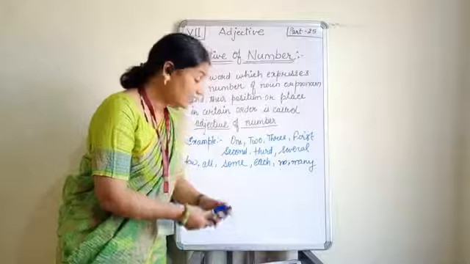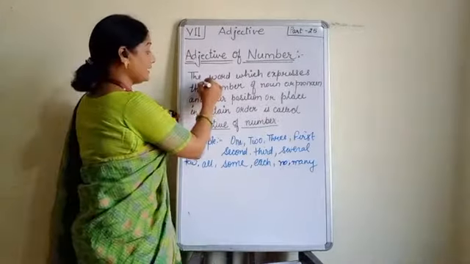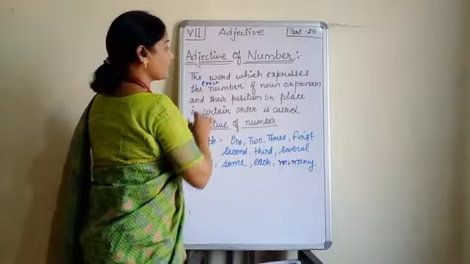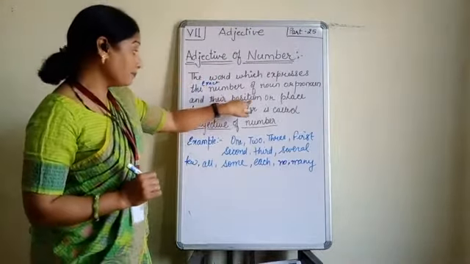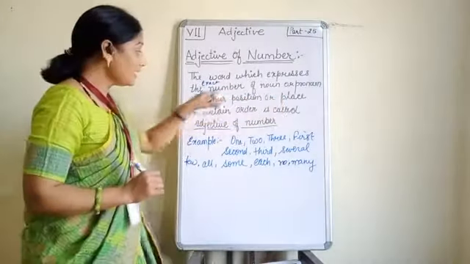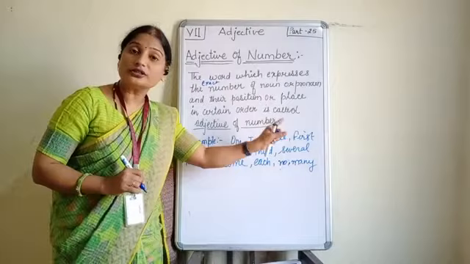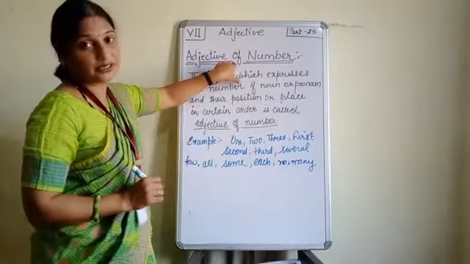But here, it should be the word which expresses the exact number of noun or pronoun in their position or their places in certain order. Then that is called as an adjective of number.